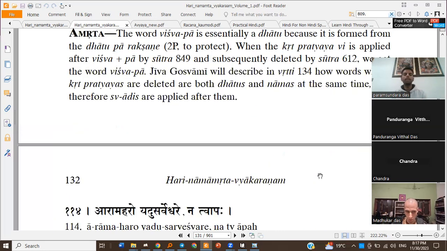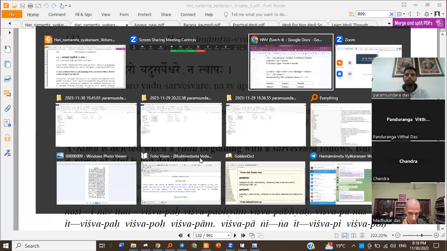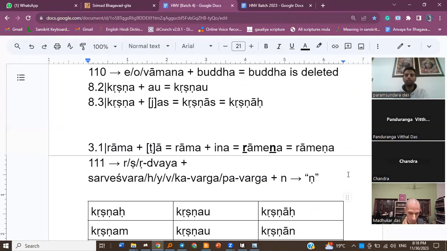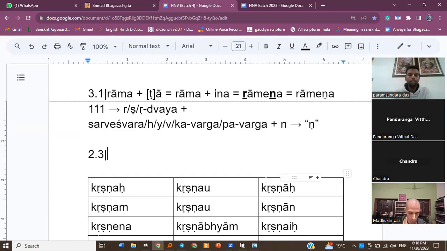So then when 2.3 Shas follows, the sutra says Aramaharo Yadu Sarveshware Natvapaha. So here we have this Vishwa Pa plus Shas.